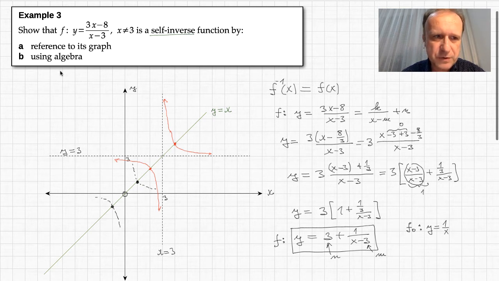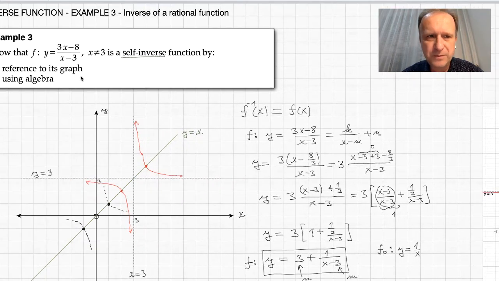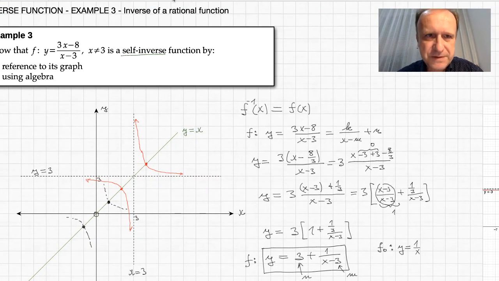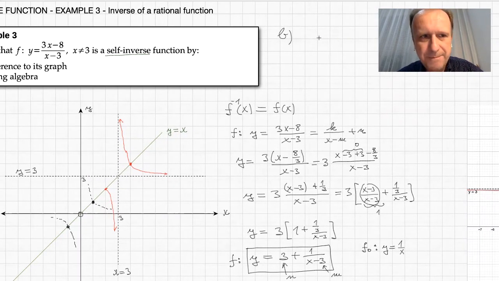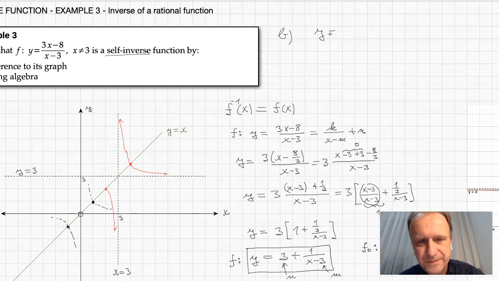Now, let us do it the other way. We are going to use algebra to show that the function itself is self-inverse. To do that, let me write the formula, and after doing that, I will just interchange x and y coordinates.